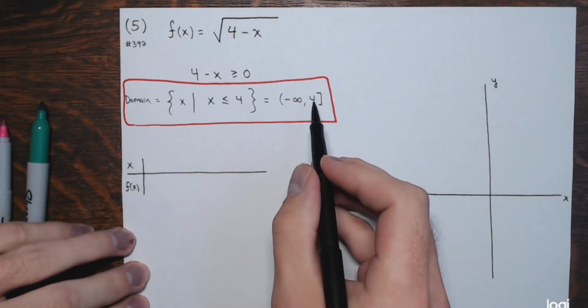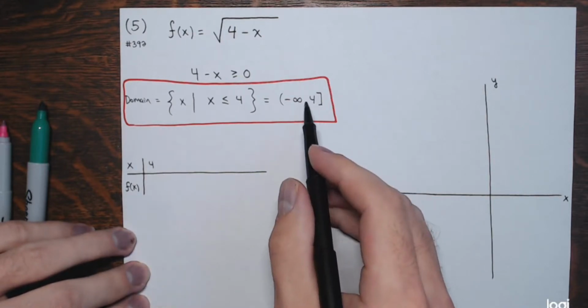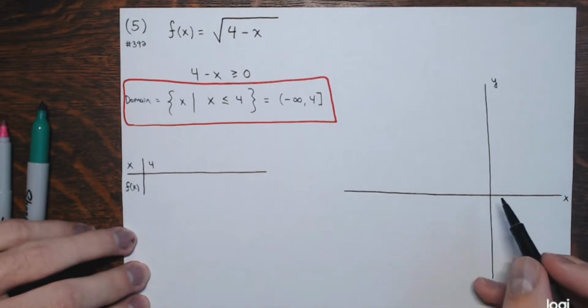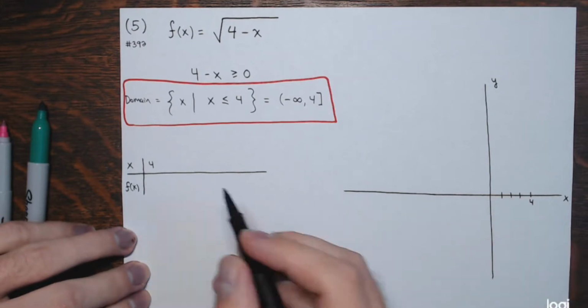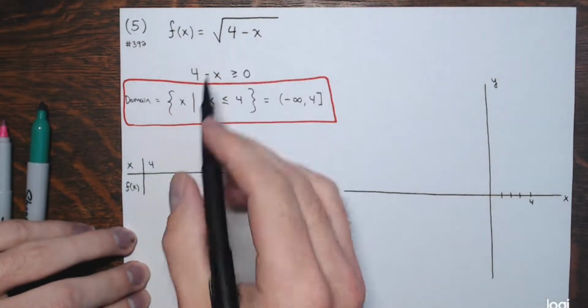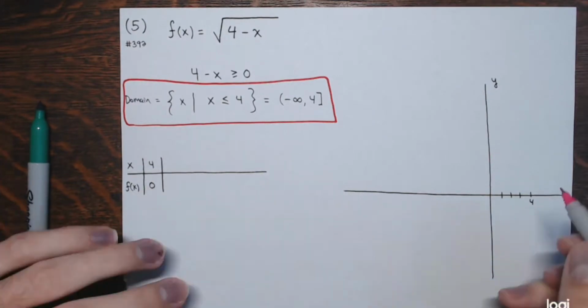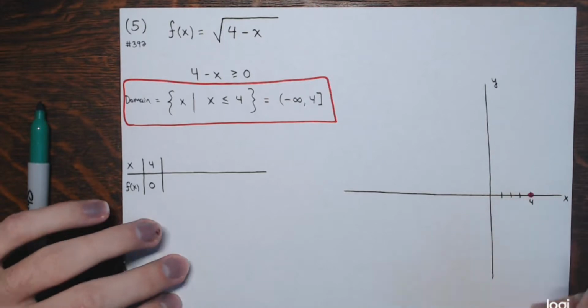Starting at 4. And then go left, right? We have to do 4 or less. So input 4 on the x-axis, output 0, right? We have the square root of 0. So I'll plot that point. Input 4, output 0. There we go.